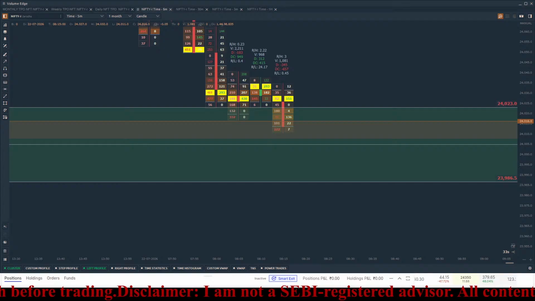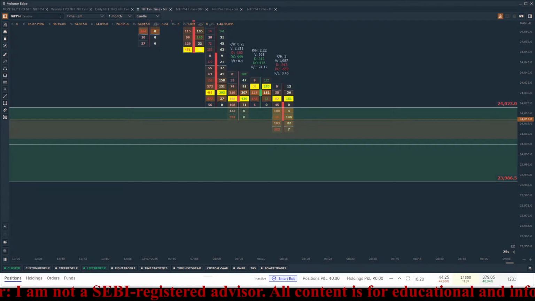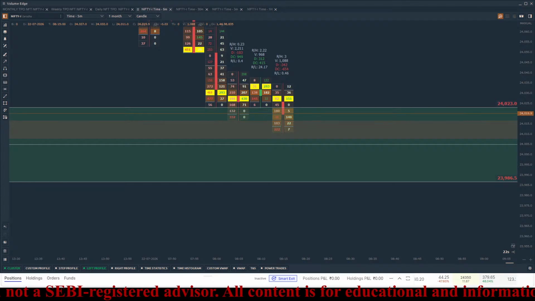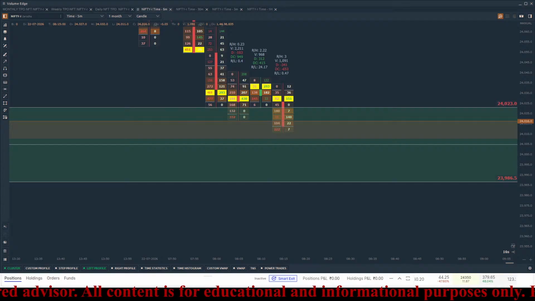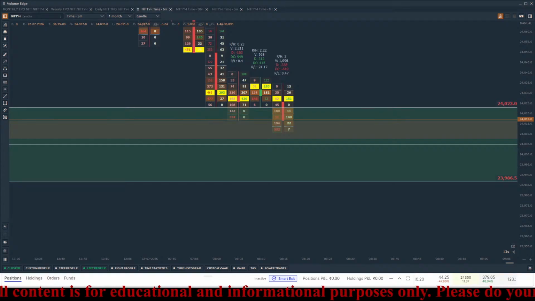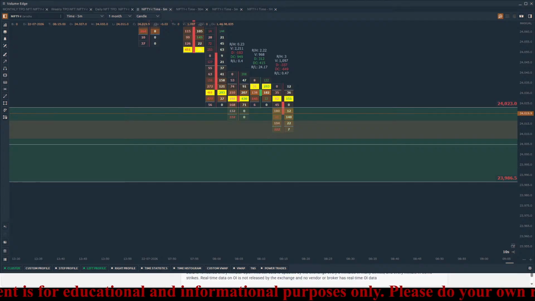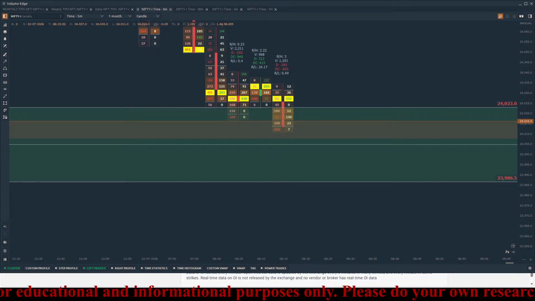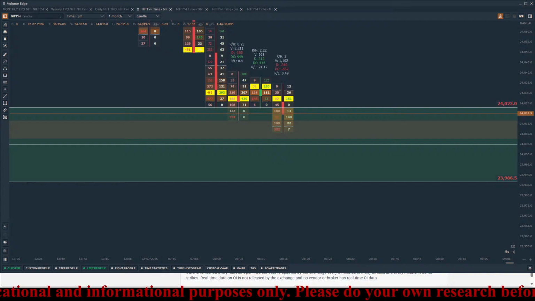So everyone is looking at whether 24,000 will break or not. The zone which we marked still stays in the same location. Of course, we'll wait for some time. It's not a big deal. So this location is preparing to defend or break. Always I used to say that waiting is the key for success.